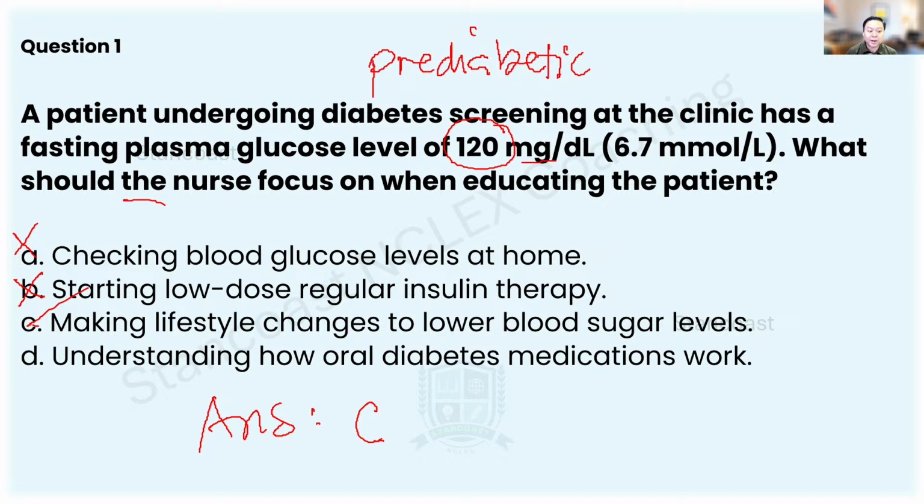So the primary intervention for this patient would be lifestyle modification. That's the initial step in treating this patient.